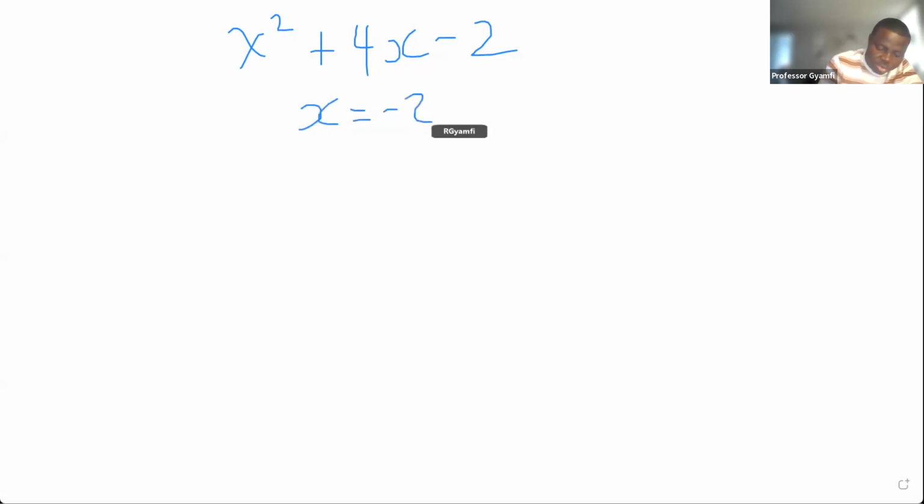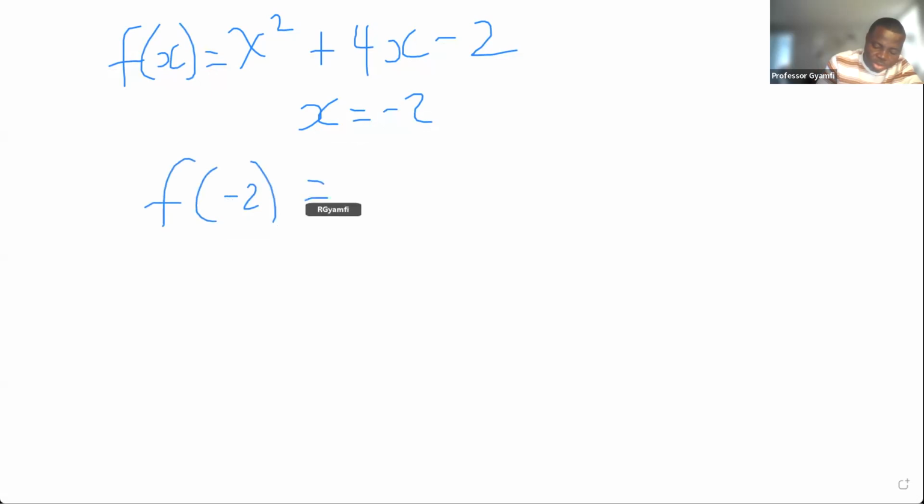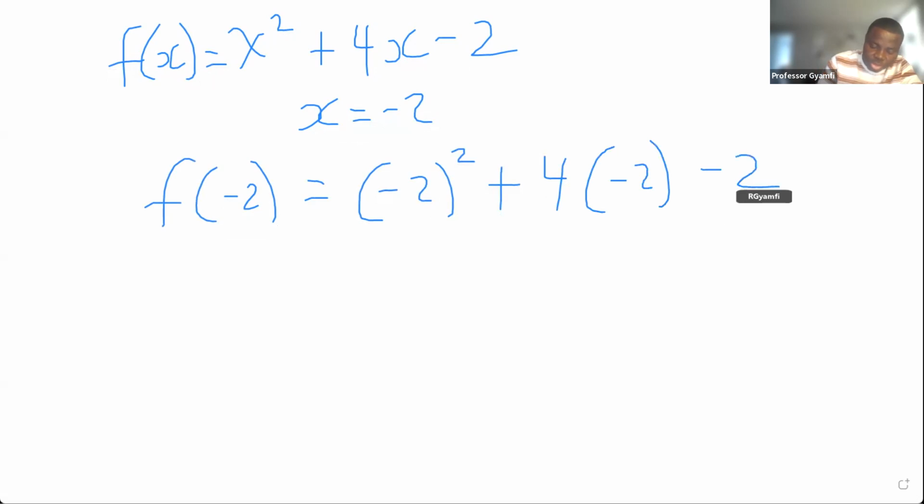So my function is x squared plus 4x minus 2. So x equals negative 2. So f of negative 2 equals negative 2 squared plus 4 times negative 2 minus 2.